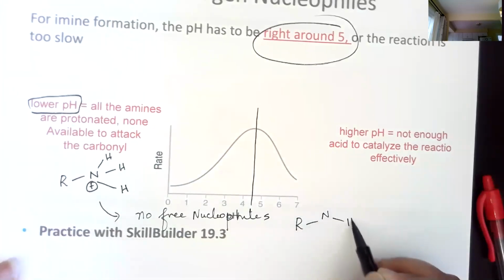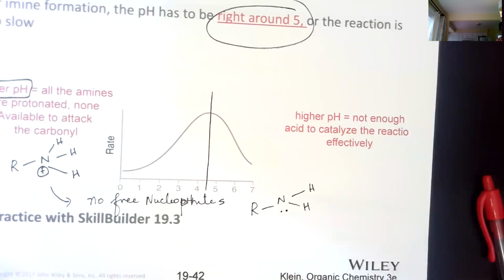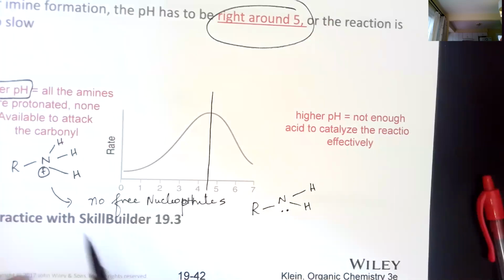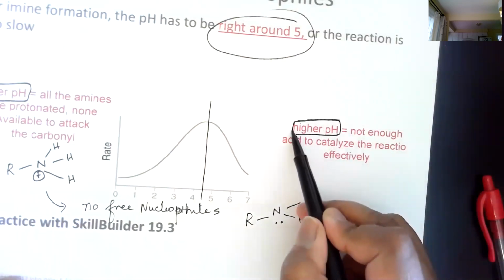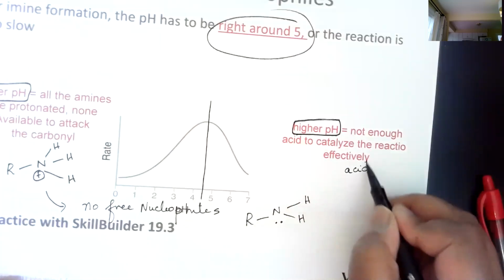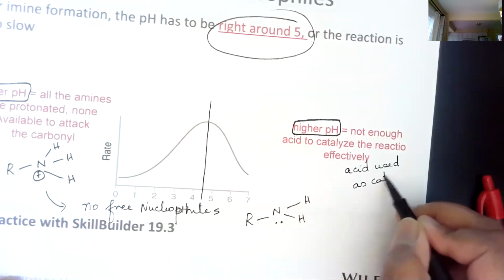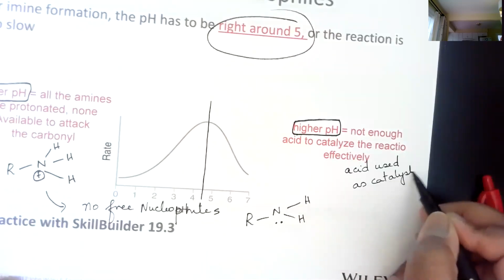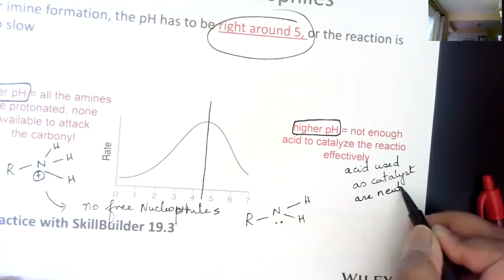You want your nucleophiles to be available for nucleophilic attack. So if you have too much acid, they become protonated. And if you raise the pH, then all the acid used as catalysts are neutralized.